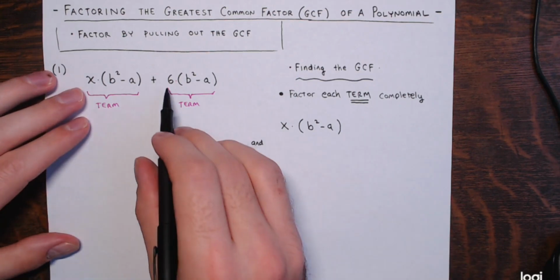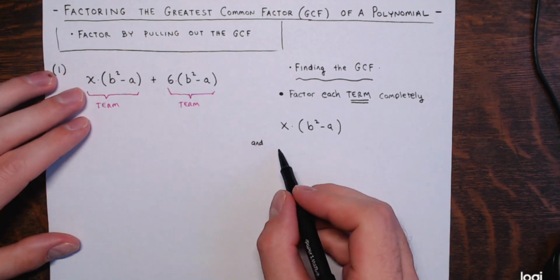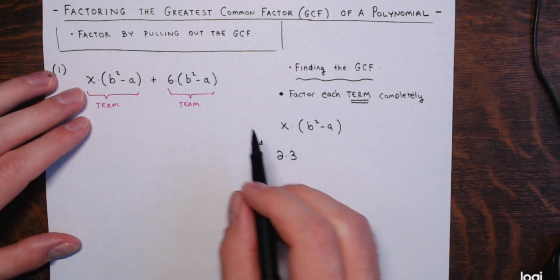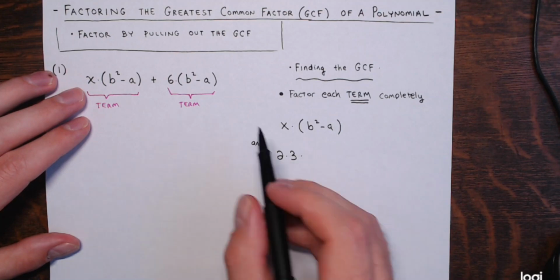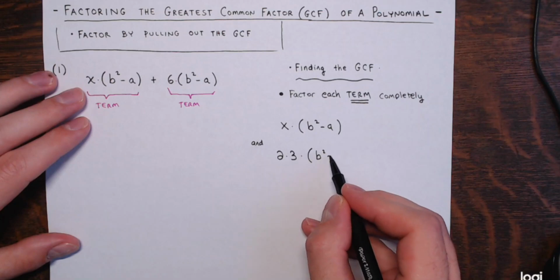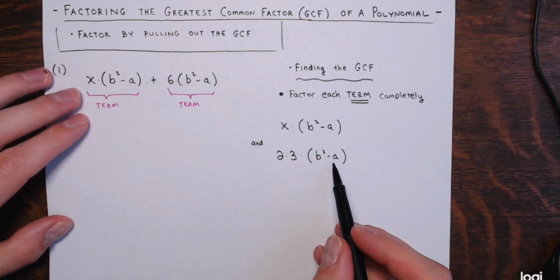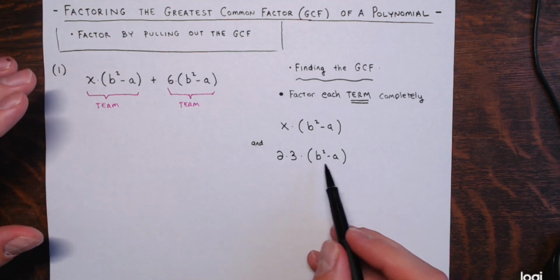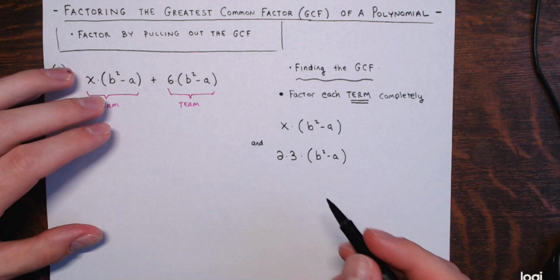And 6 times this b squared minus a: 6 breaks down further to 2 times 3, and then this quantity b squared minus a, I promise you, doesn't factor any further. You cannot break this apart into a product of other factors.